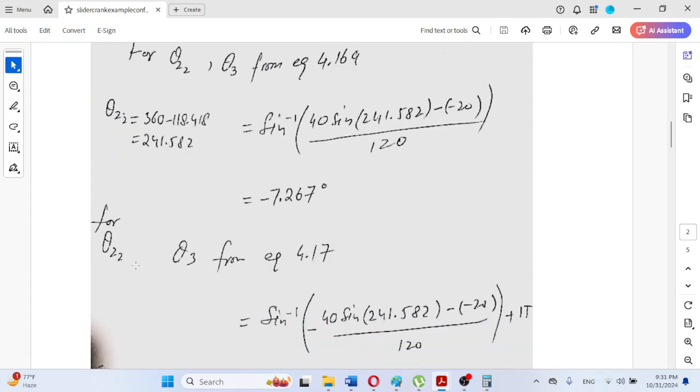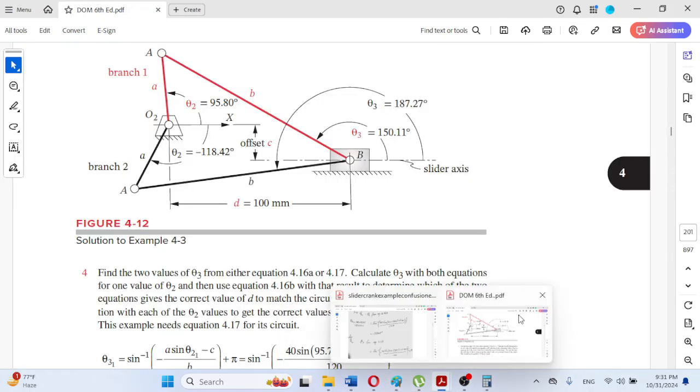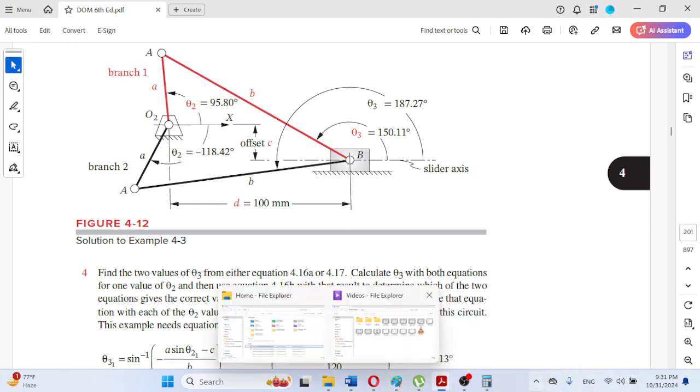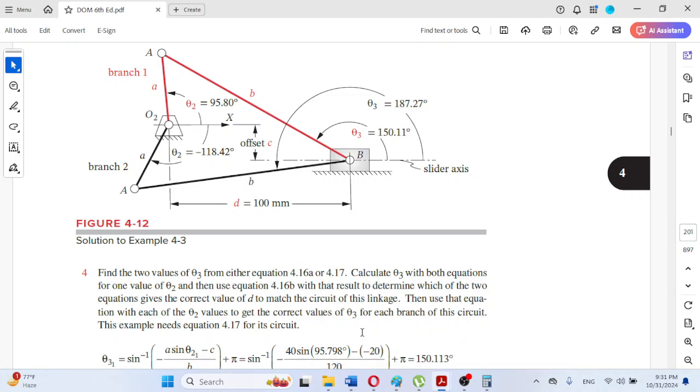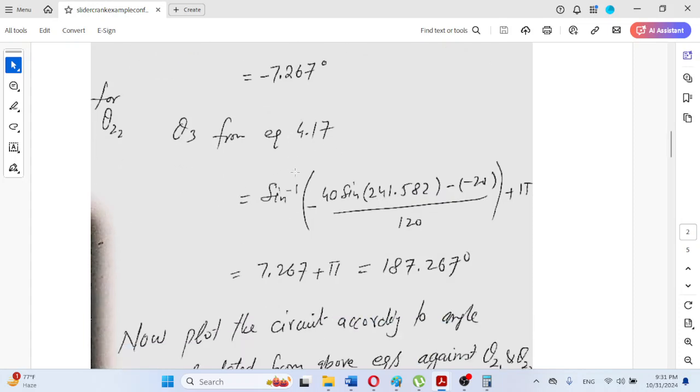If we calculate for theta 2 2, meaning the angle for the second location of the crank, for this location the other value of theta 3 from equation 4.17 comes out to be 7.267 plus pi, which is equal to 187.267 degrees.